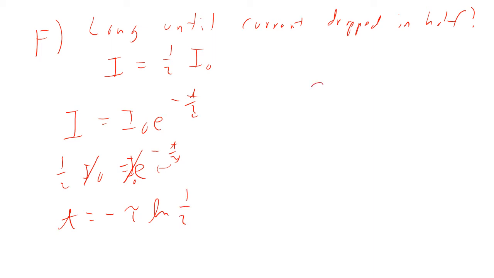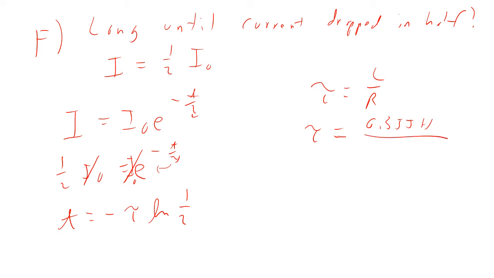Now, what's tau? Tau is L over R. It's the exact same inductor, so 0.355 henries.